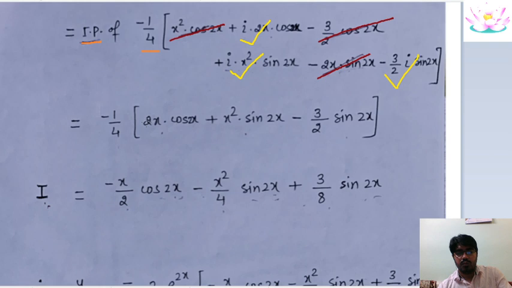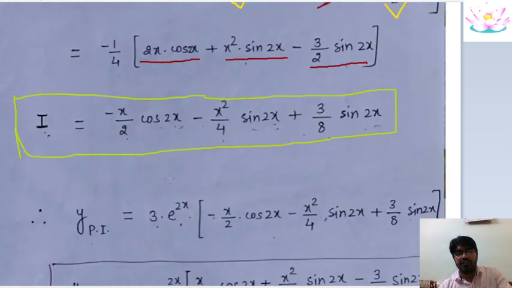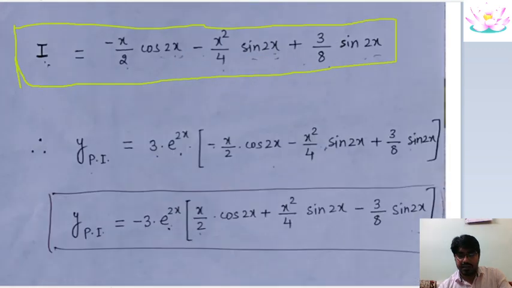This is our I, capital I. Now, when capital I is calculated, then we can simply calculate the particular integral, which is a product of 3 into e to the power 2x into capital I. Alright, after simplifying, we get the particular integral.